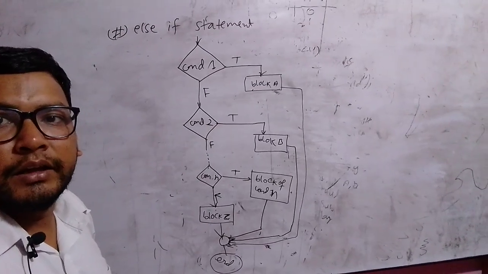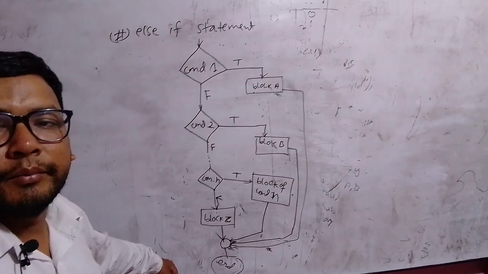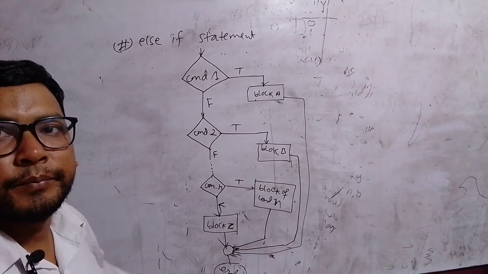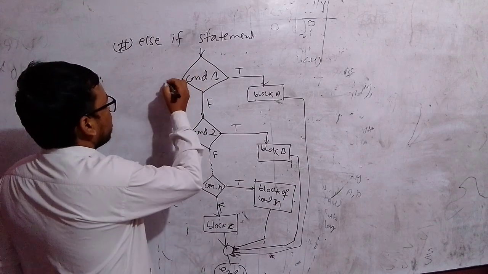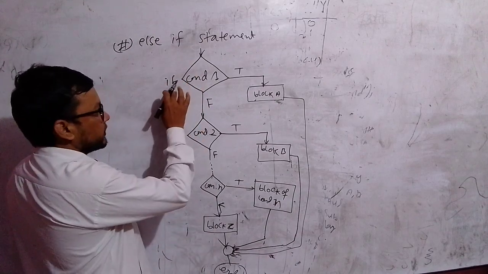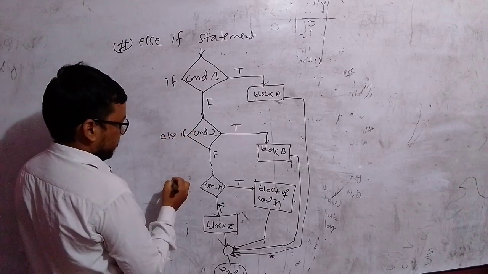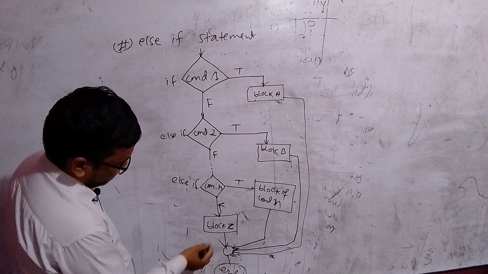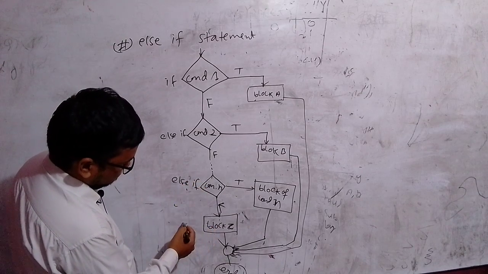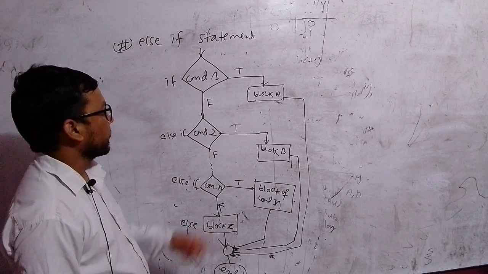I have written end after connecting the connector. Now this is the condition of the if statement. We do not need to write this for else if, and this is the else, because else does not contain a condition.